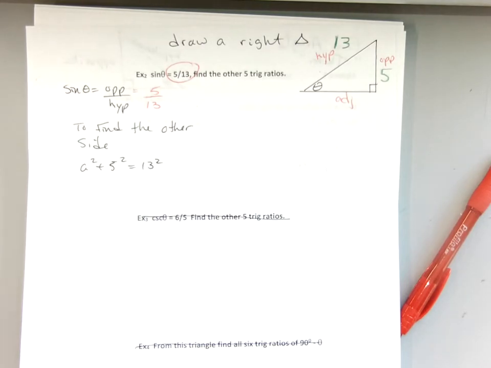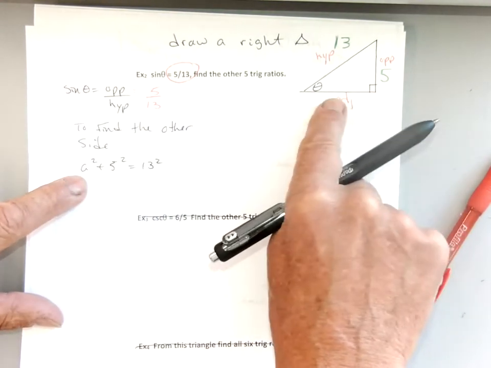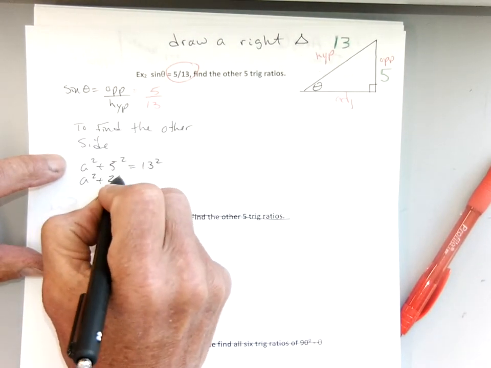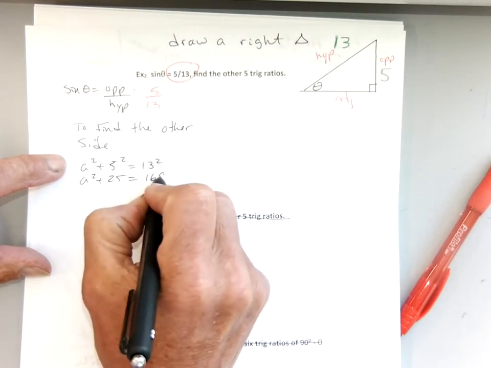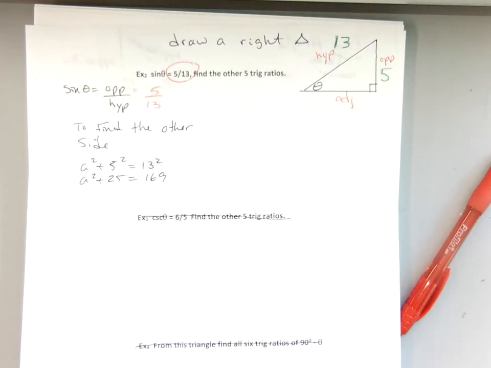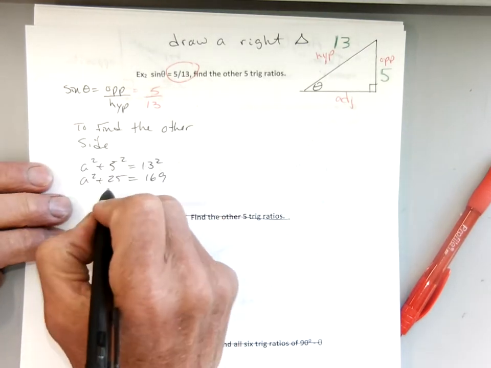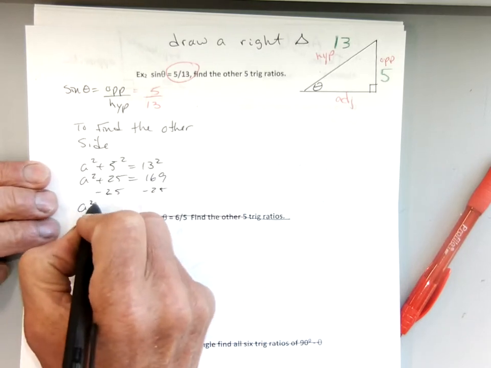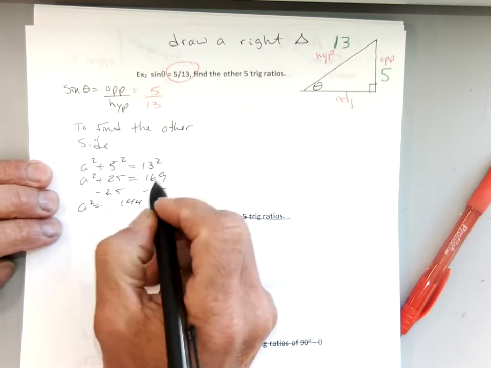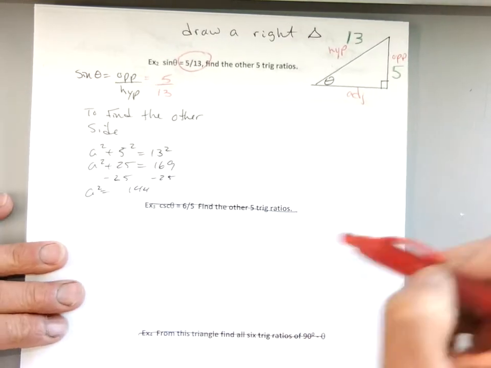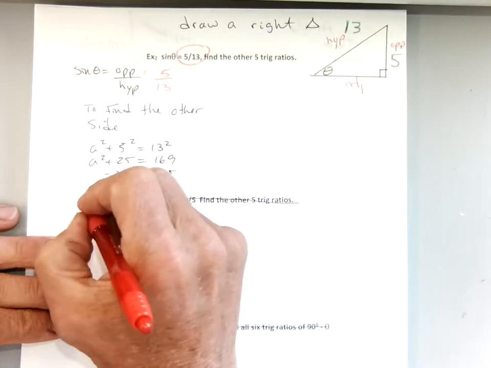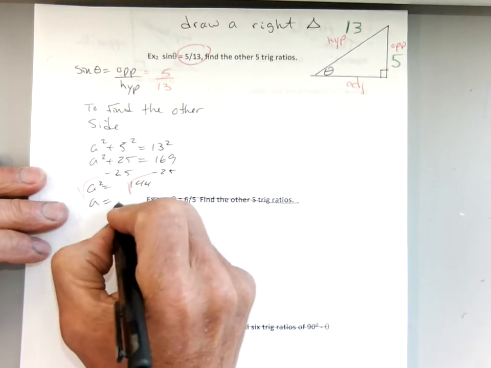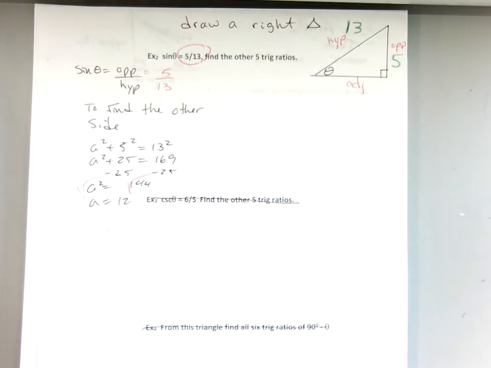So a squared plus 25 equals 169. Minus 25 from both sides, I get a squared equals 144. Square root, and so the other side is going to be 12. Let me put 12 here, okay?